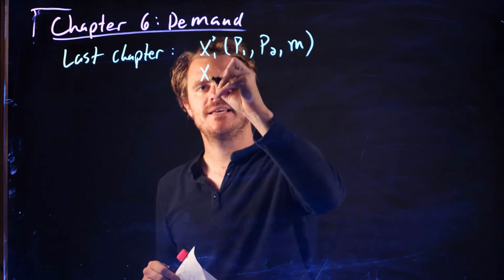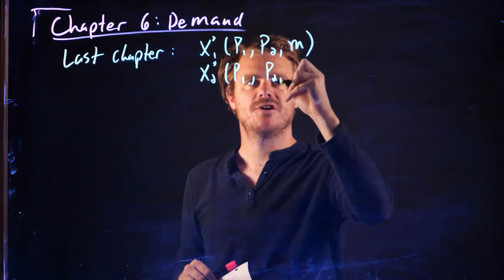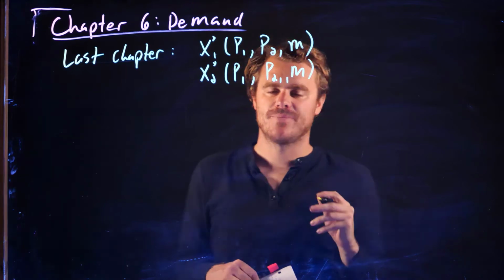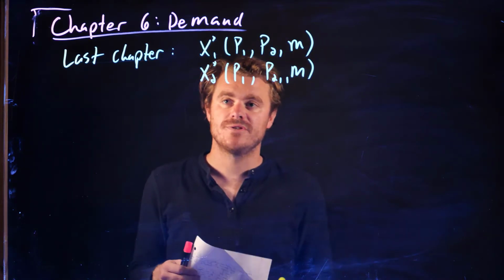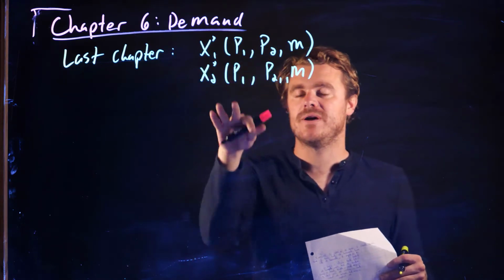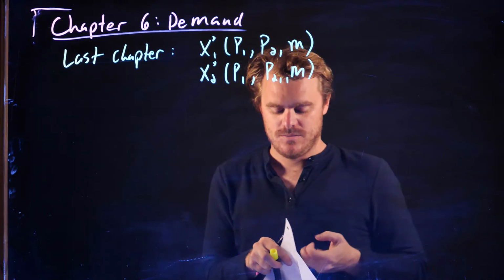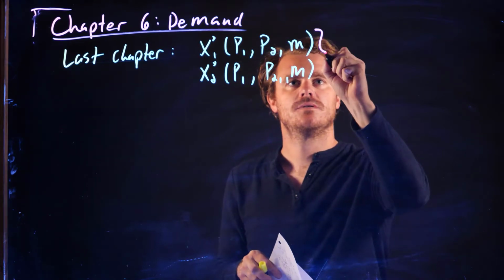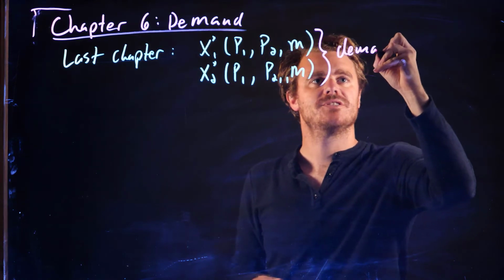And we did the same thing for good two, and talked about what these demand functions look like for different kinds of preferences. We went through a few examples of preferences we've seen before, and what their demand functions look like. So these are just these demand functions.